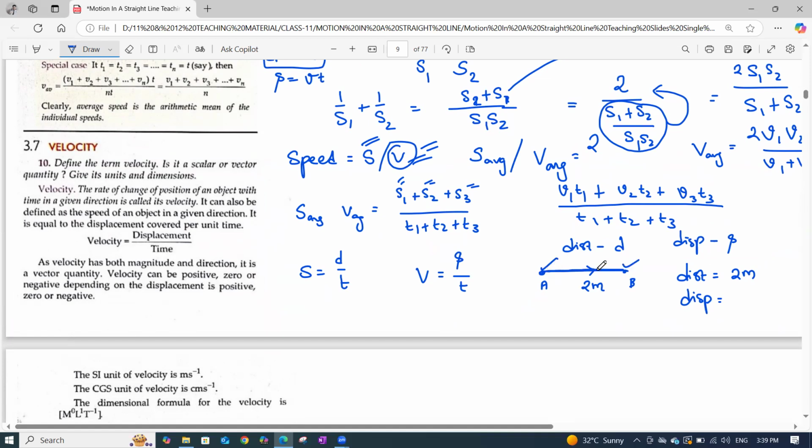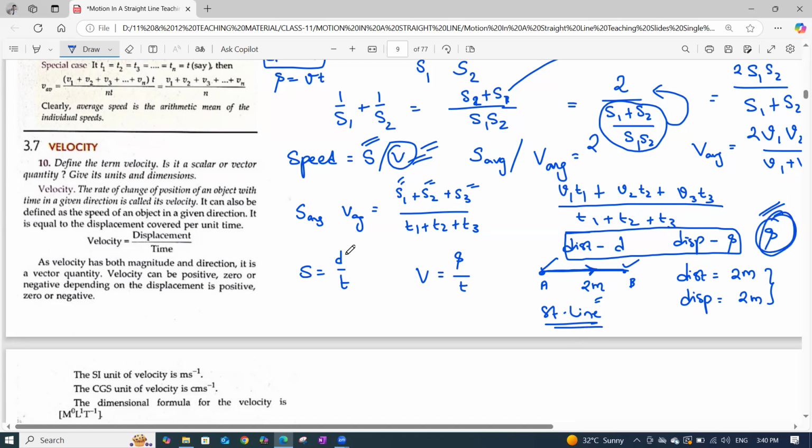Now, if you draw a straight line, what is the length? It is 2 meters. So displacement is also 2 meters. When a body is going in a straight line, distance and displacement both are the same. So that only, distance or displacement, you are mentioning with the symbol S. So from now onwards, in any numerical problem, if they are giving that the body is going in a straight line, either distance or displacement, take it as S.